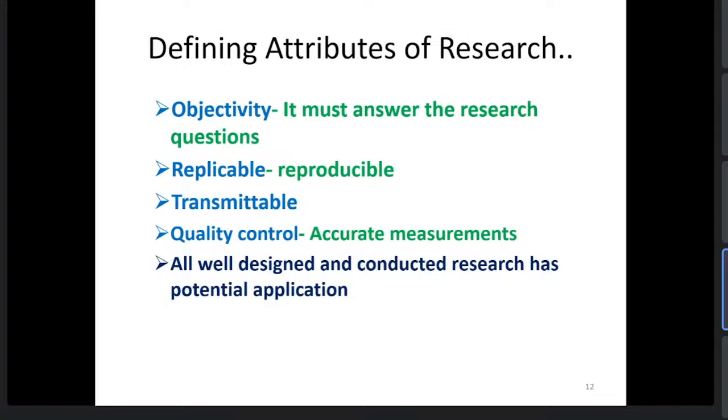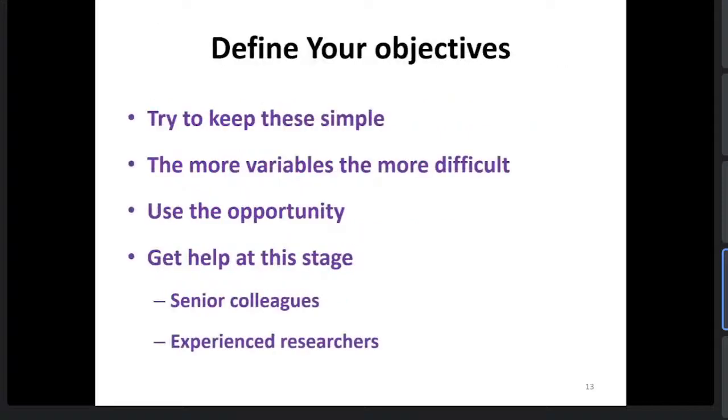Now move to the next slide. Define your objectives. The research work, although it is not difficult, is challenging, so we always need to try to keep things simple.